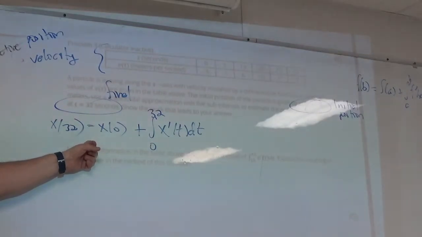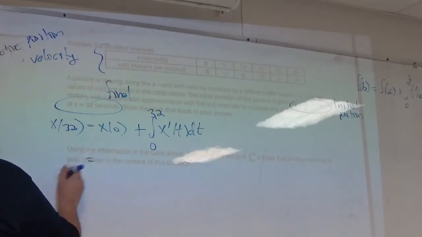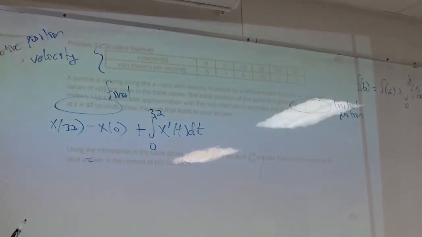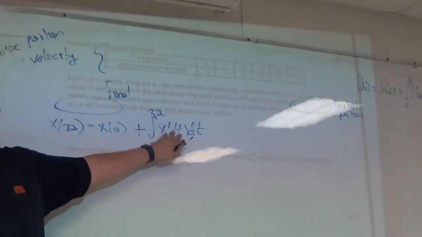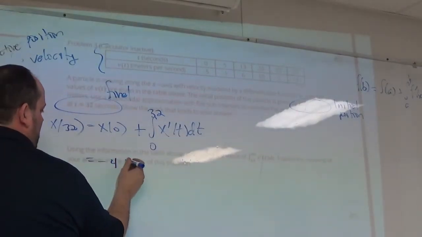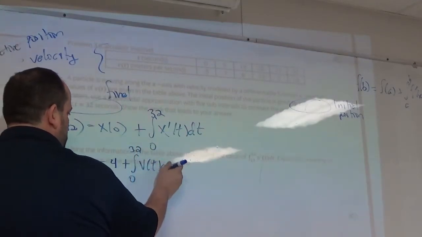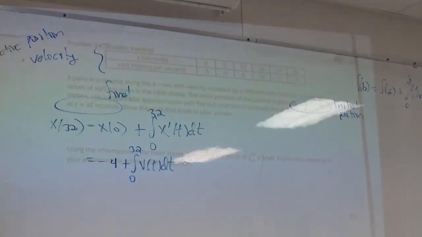All the friends are okay? Derivative of position is what? The derivative of position is velocity. So I'm going to take my initial position, which is negative 4, plus the integral from 0 to 32 of v of t dt. And here's where things get maybe a little bit tricky.